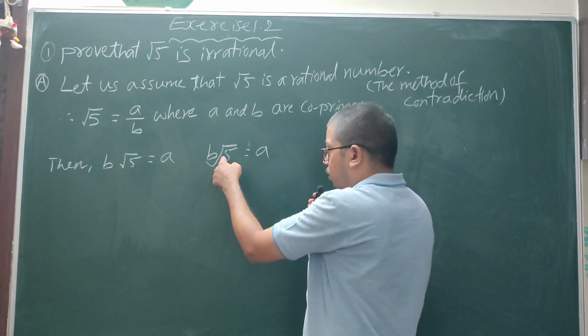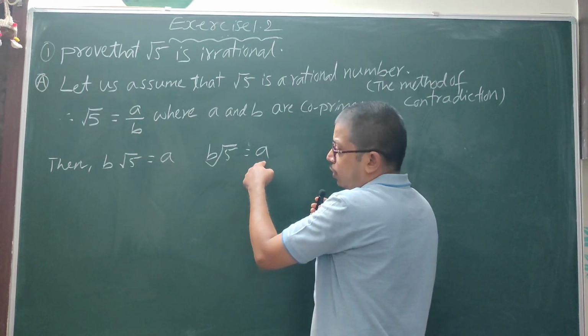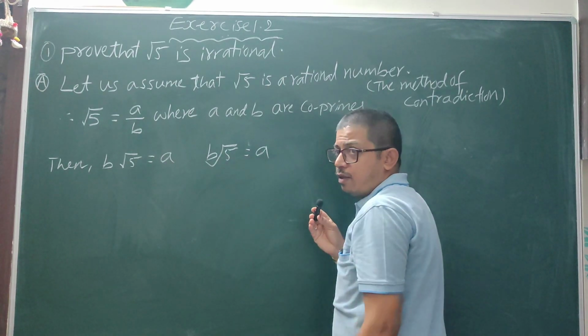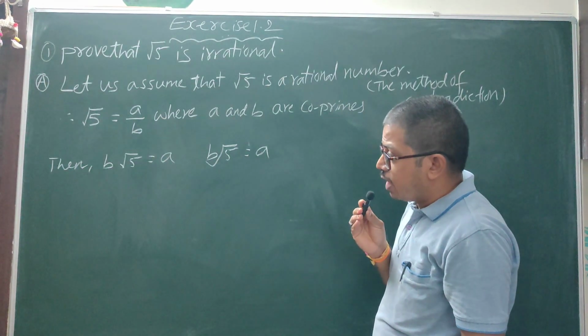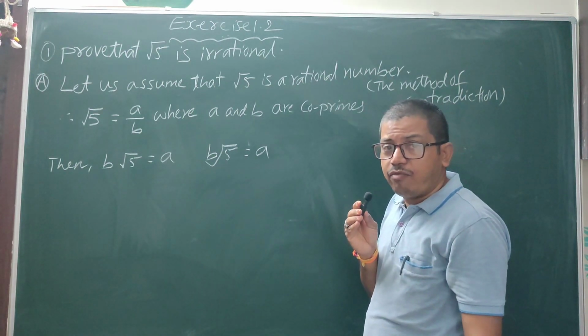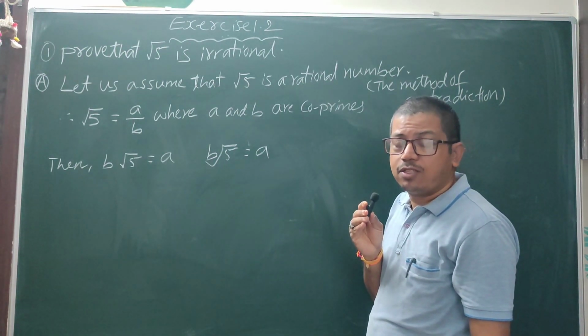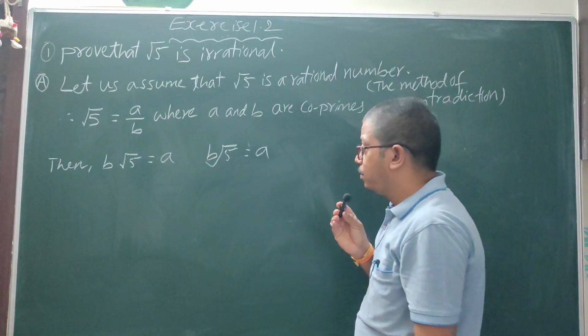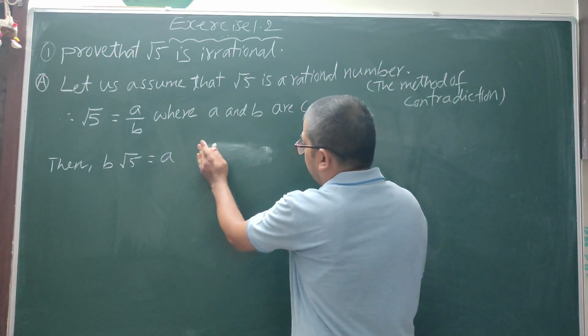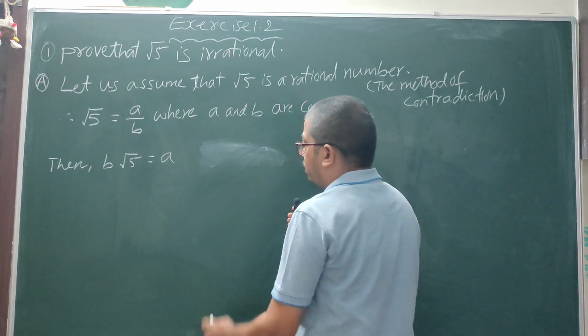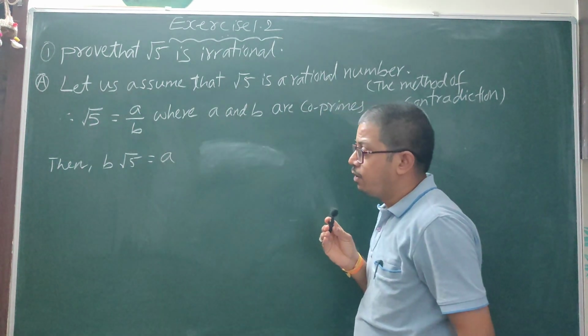It makes it b-th root of 5 equal to a. So better to write in a neat form while attempting the questions in examinations. So writing this form is wrong and this is right. I have to remember that.